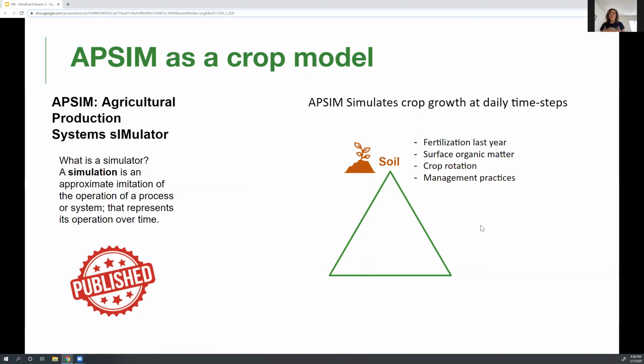To set up everything, we set up the soil bank, or the bucket, as they call it in Australia. How much fertilizer has been left there since last year? What was the surface organic matter that was left until harvest or was incorporated into the rotation crop? And ultimately, what are your management practices? Have you added fertilizer at planting or not?